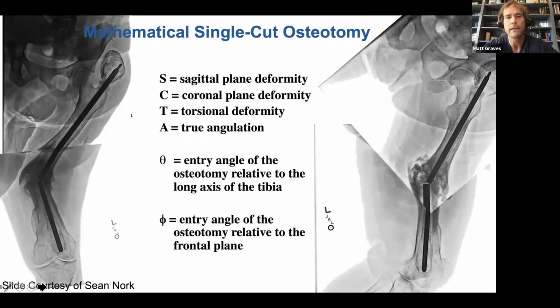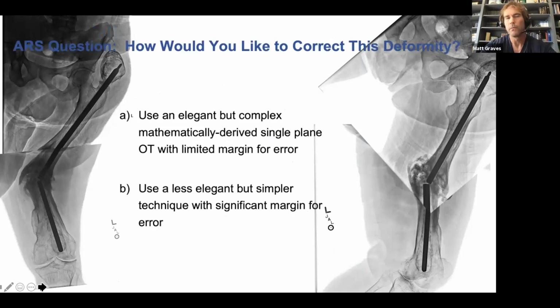You can define the sagittal and coronal plane deformity and the torsional deformity in a true angulation. You can define phi and theta, and you can create a very complex osteotomy through a very complex plan, and this is incredibly elegant.